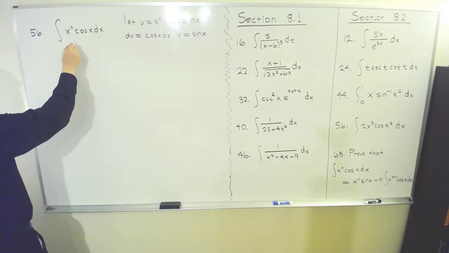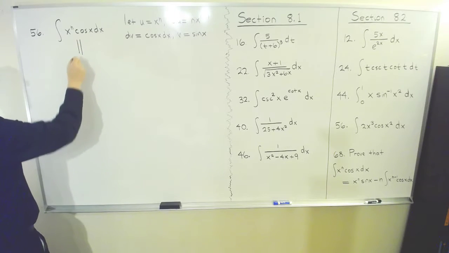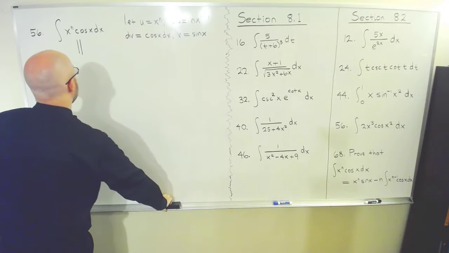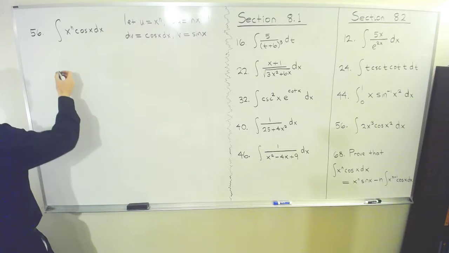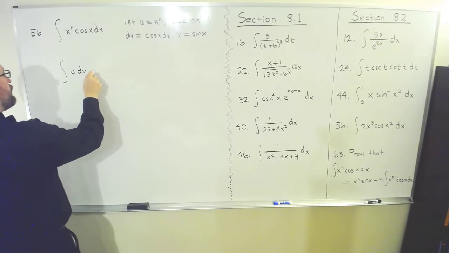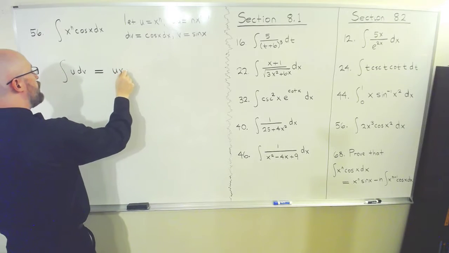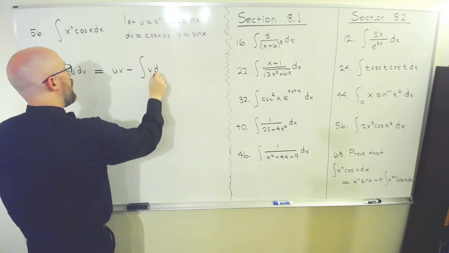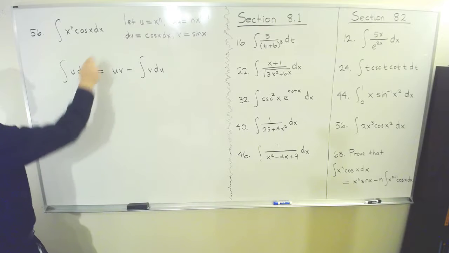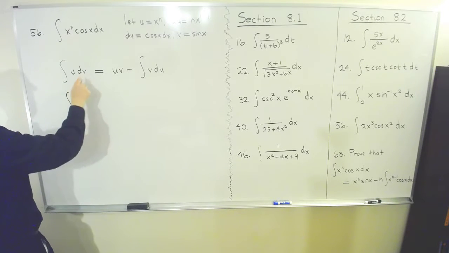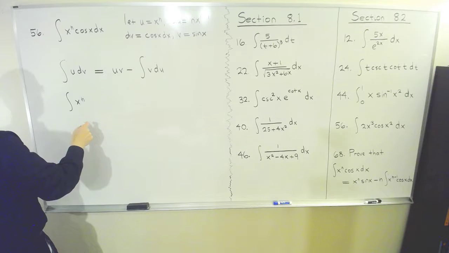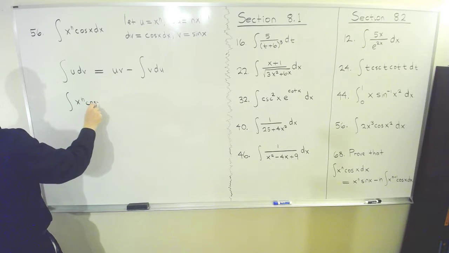Well, it's awkward to write a vertical equals like that. So let me just write this. I'm going to write the integration by parts formula. Integral of u dv equals uv minus integral of v du. What does this become with these particular choices? Well, the u, of course, was x to the n. The dv was cosine x dx.